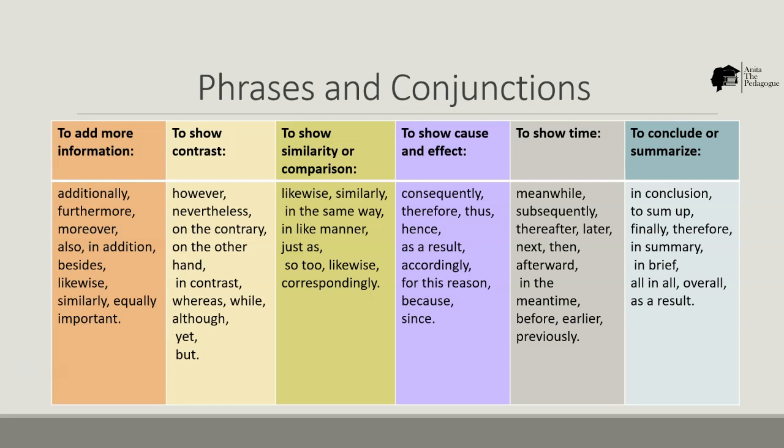And to show cause and effect, use some conjunctions like consequently, therefore, thus, hence, as a result, accordingly, for this reason, etc. To show time, you should use some conjunctions like meanwhile, subsequently, thereafter, later, next, then, afterward, or in the meantime.